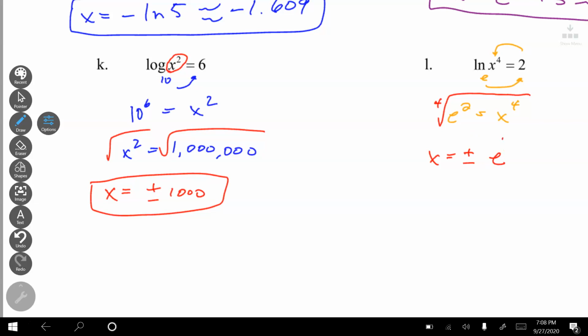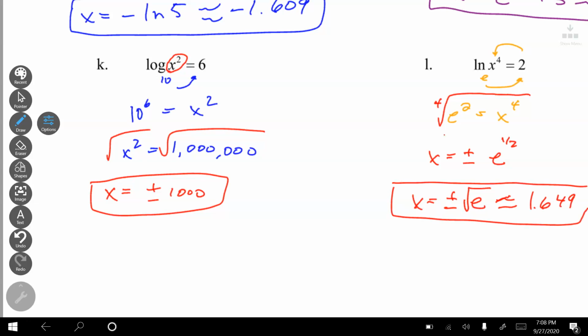I'm going to rewrite it as e to the 1/2, where x equals plus or minus the square root of e, and that's about this number. Remember, when I do this, it would be e to the 2 over 4 power, and that's how I get this guy here.